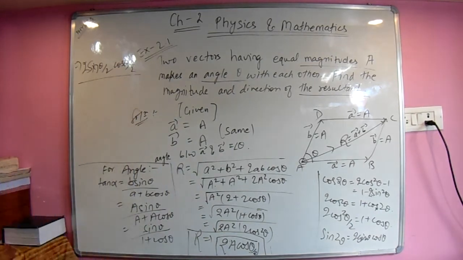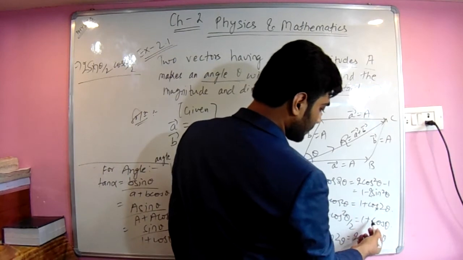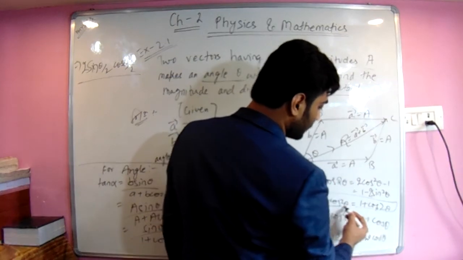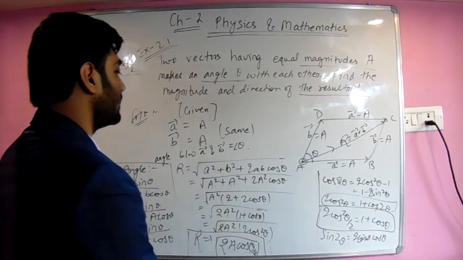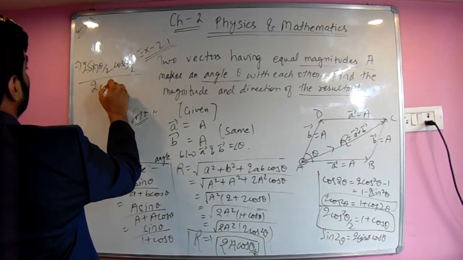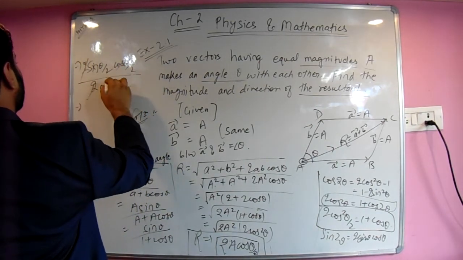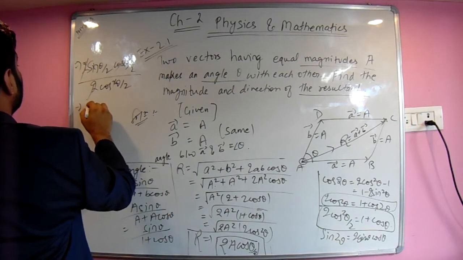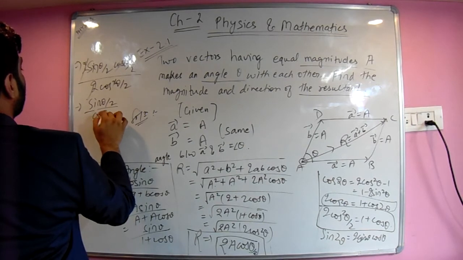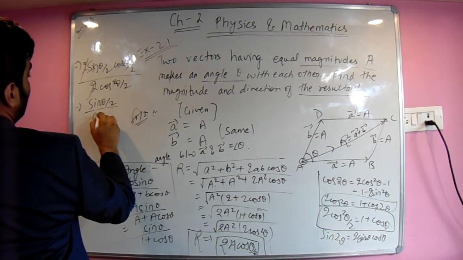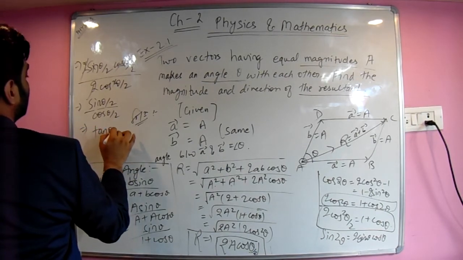Now 1 plus cos theta, what is it equal to? By the formula, 2 cos squared theta by 2. After solving, the 2 cancels, cos squared cancels with a cos, and finally we get sin theta by 2 over cos theta by 2, which is tan theta by 2.